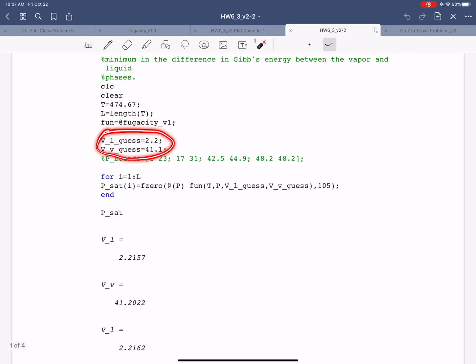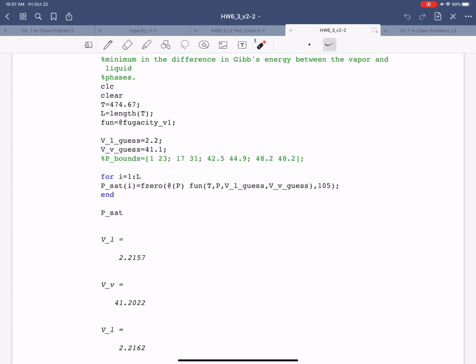Here's where I actually put in my guesses for the molar volume of the liquid and the molar volume of the vapor. And in this case, I'm only looking at one temperature, so the for loop is actually not needed. But essentially, to calculate the vapor pressure, I just also run f0 to minimize this fugacity equation, where my initial guess for pressure is about 100. Okay? So that's the idea there.